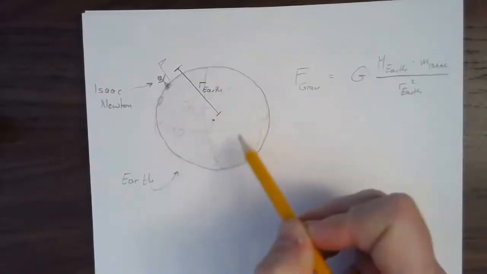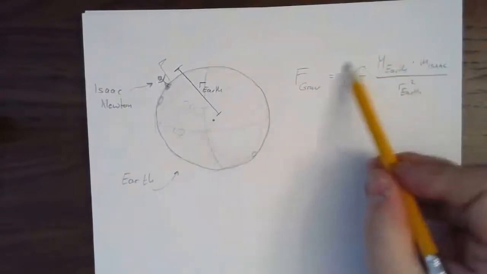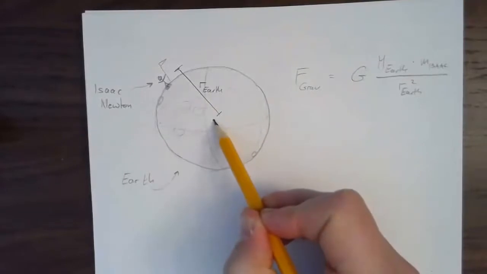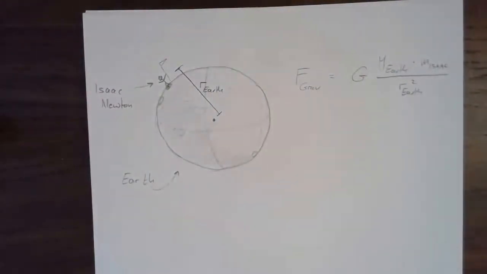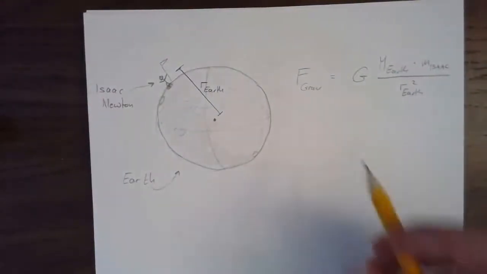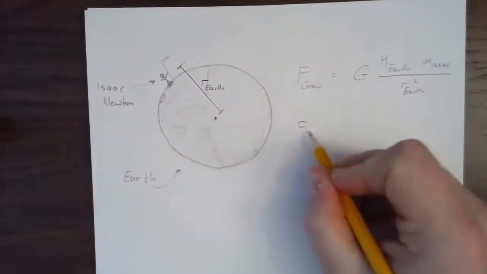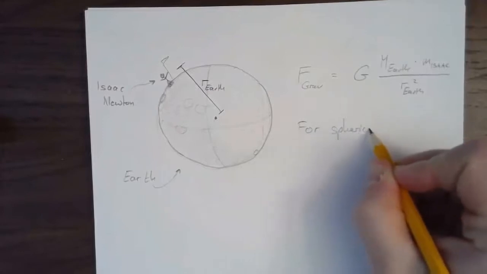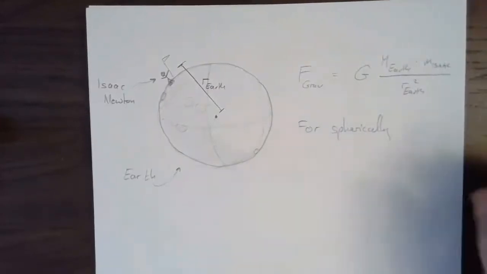And you can show that when you do this, you're going to end up with essentially the same expression as if you just pretended all the mass is at the center of the Earth. Let me write this down. For spherically symmetric objects, it only works because the Earth is a sphere.